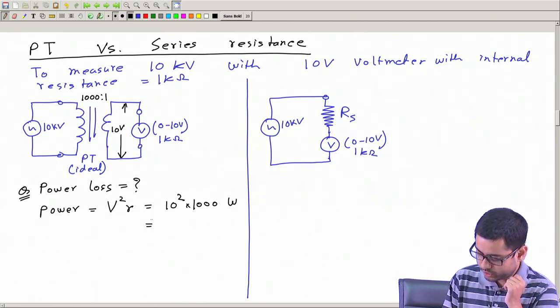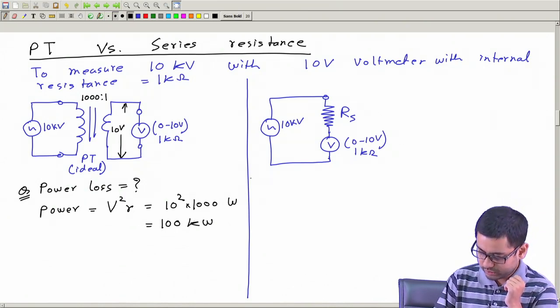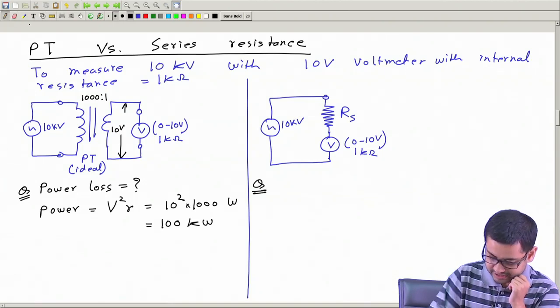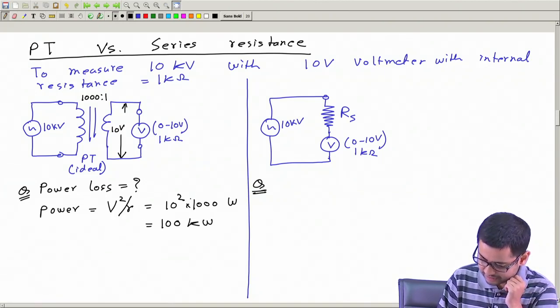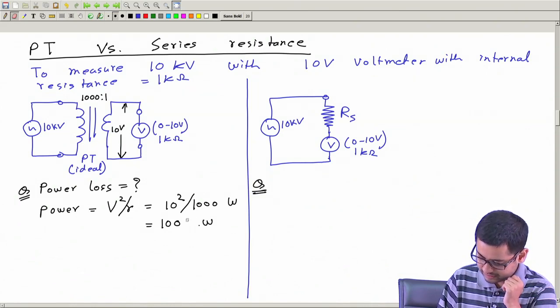Sorry, there is a mistake. The mistake is, this is V square by R. So 100 by 1000 is 0.1 watt.